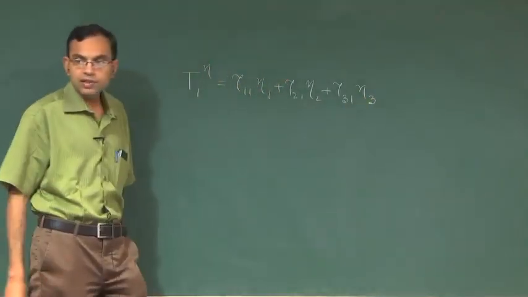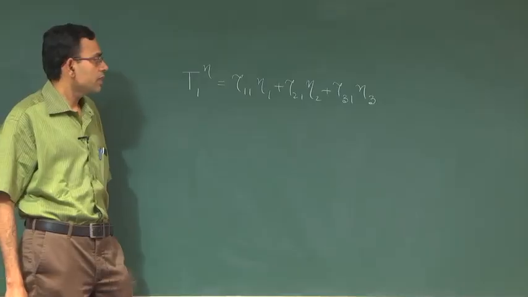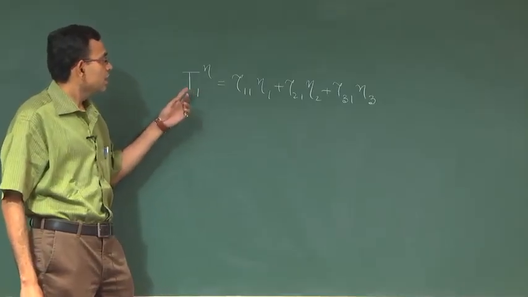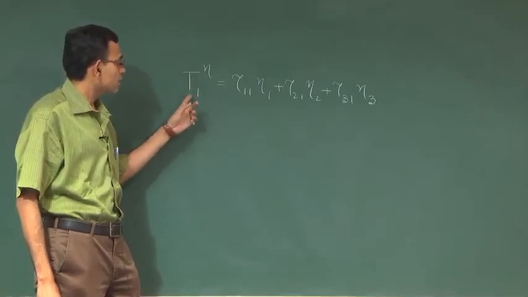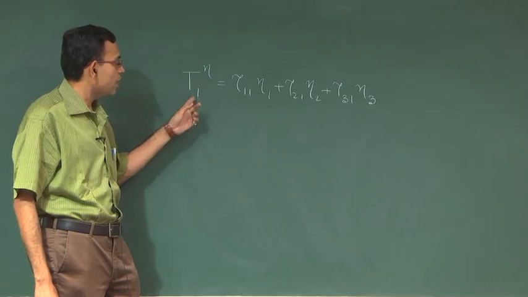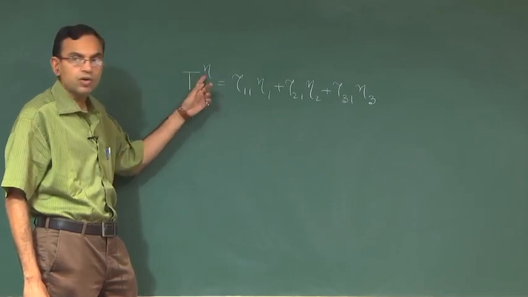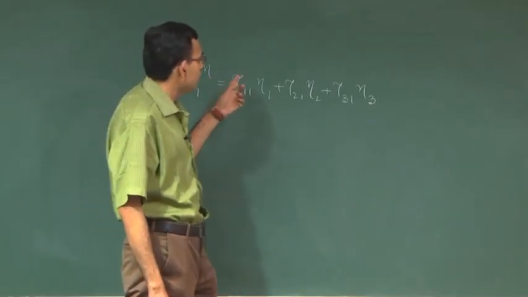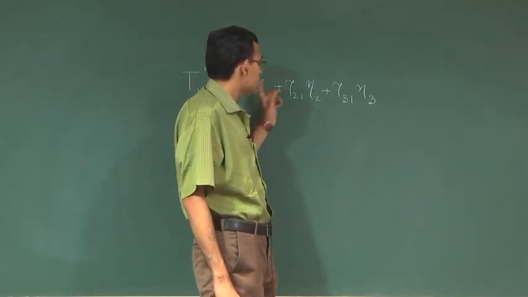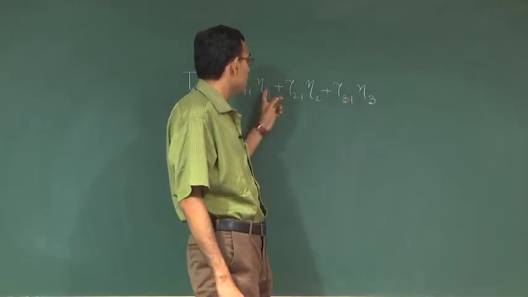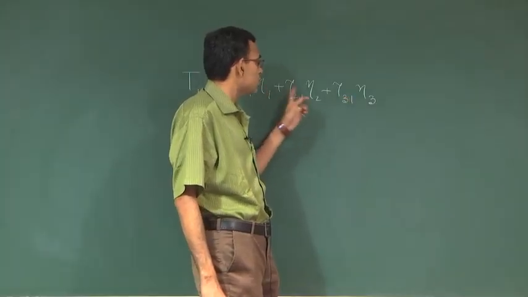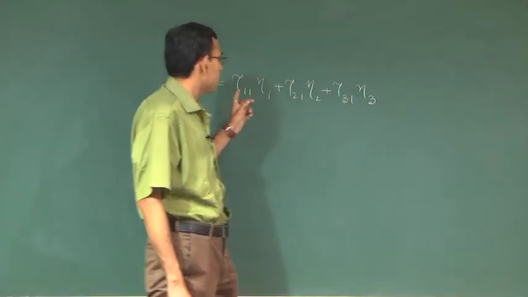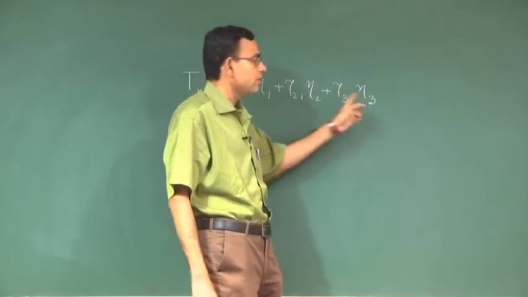This is the equation where the traction vector component along the direction 1, for the plane which has a normal eta, is given in terms of the stress tensor components along with the direction cosines for eta, that is eta 1, eta 2 and eta 3.